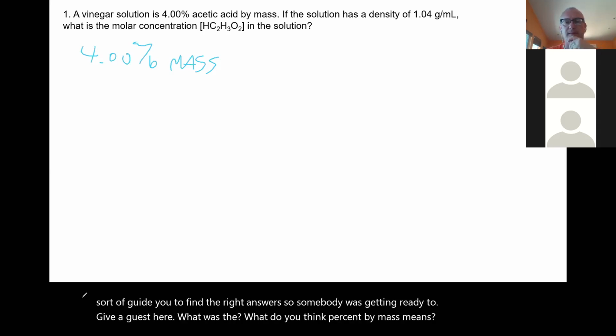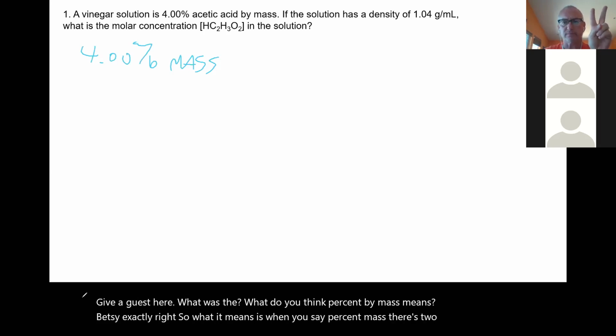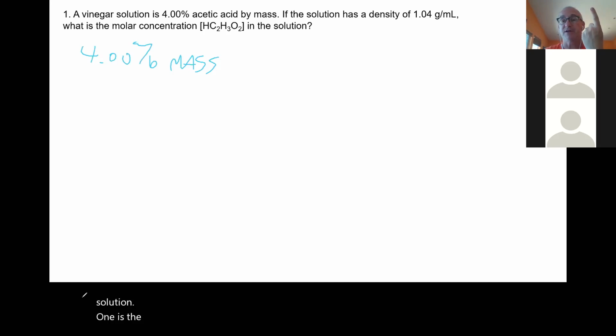Like out of all the mass in the solution, 4% of that value is the amount of mass the acetic acid is. Exactly. Exactly right. So what it means is when you say percent mass, there are two parts of a solution. One is the solvent. The solvent is the thing there in the highest amount.